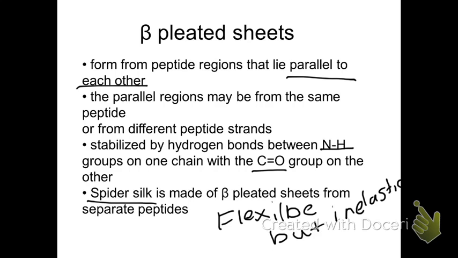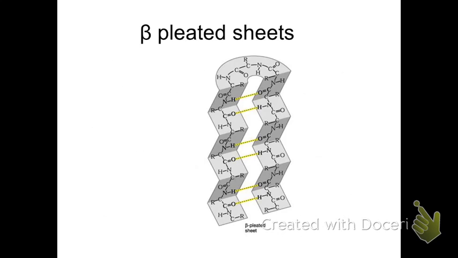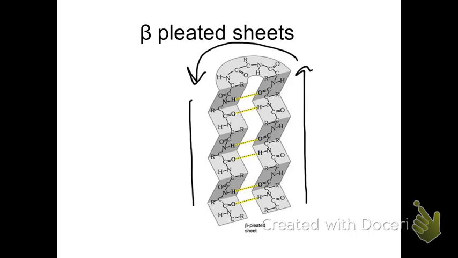Here is an example of beta pleated sheets. Instead of a helical structure, you have more or less parallel strands. Our primary chain is going in this direction, and then there's a turn. This turn is called a hairpin turn, or a hairpin loop. Usually two to three amino acids are involved in that turn, and then our sequence picks up again.